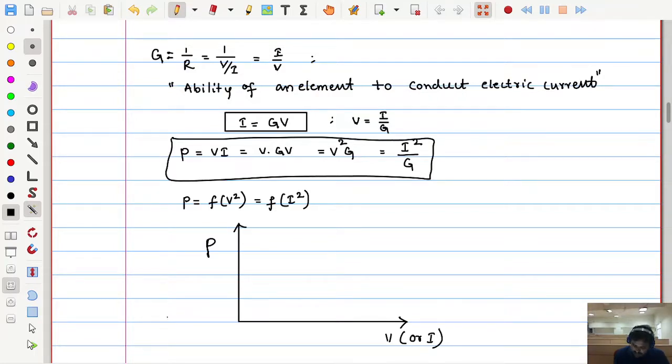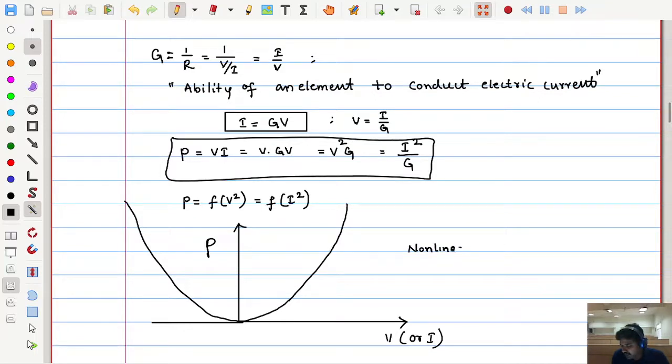As the voltage increases, initially it might be slowly rising, then as it goes further, it will rise fast, because a square term is there. Similarly, if the voltage is increasing negatively, then the negative square will become positive again, so the power will still be positive. It looks like a parabola.